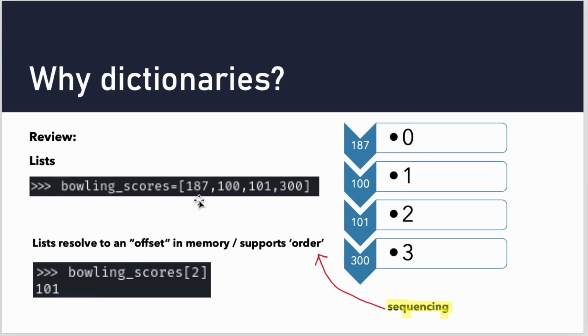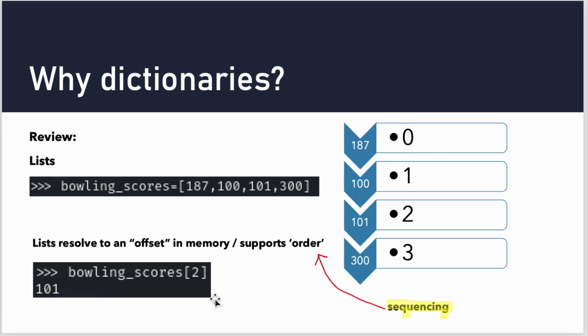So you have 0, now the one after 0 is going to be 1, 1 after 1 is going to be 2, and 1 after 2 is going to be 3. So it supports the idea of saying, okay, bowling scores, the second index right here would in fact be a 101. Now, I just explained to you what we already knew about lists, and furthermore, why lists are good.